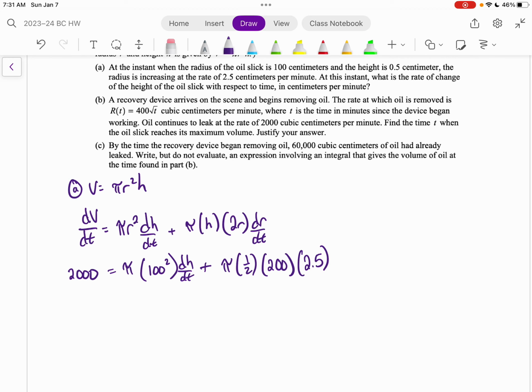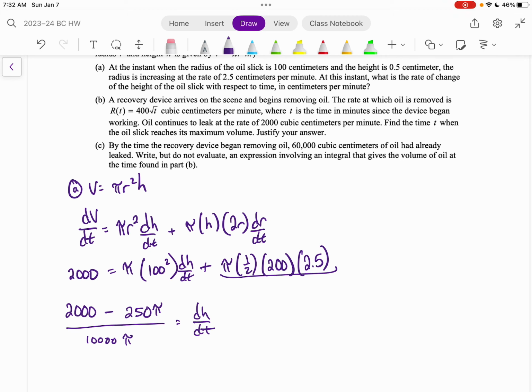But it's going to be 2,000 minus 250 pi, I think. Divided by 10,000 pi equals dh dt. I skipped some steps there, but you guys could probably do it.